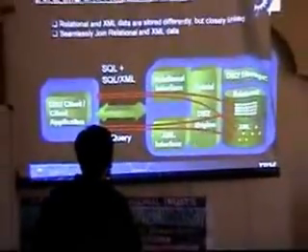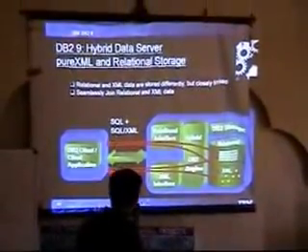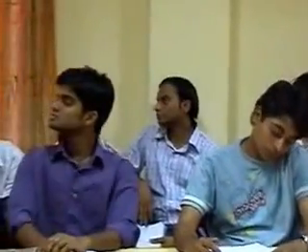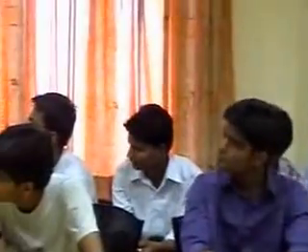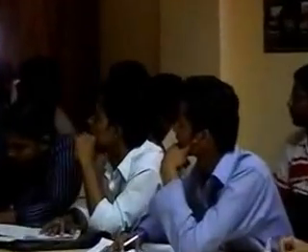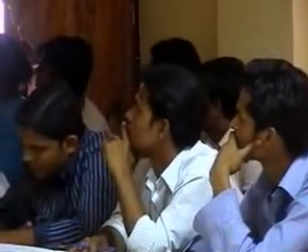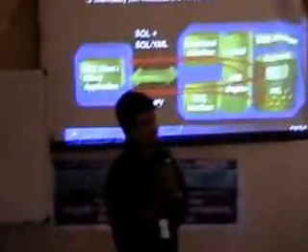Okay, let's see the diagram. How is it closely linked? How is it maintained? That's what I told you. Internally, it's broken down into hierarchical structures. In the relational model, there is no meaning of hierarchy.